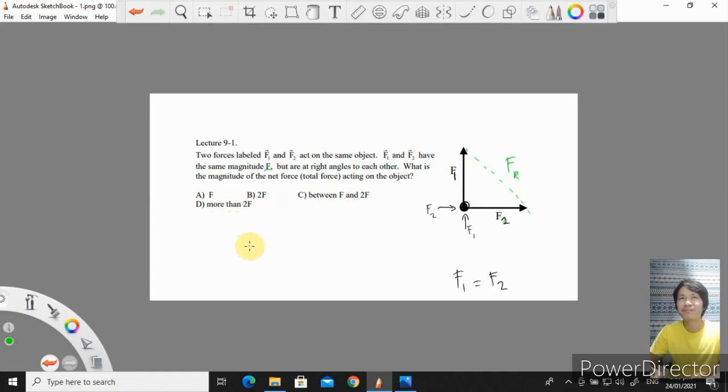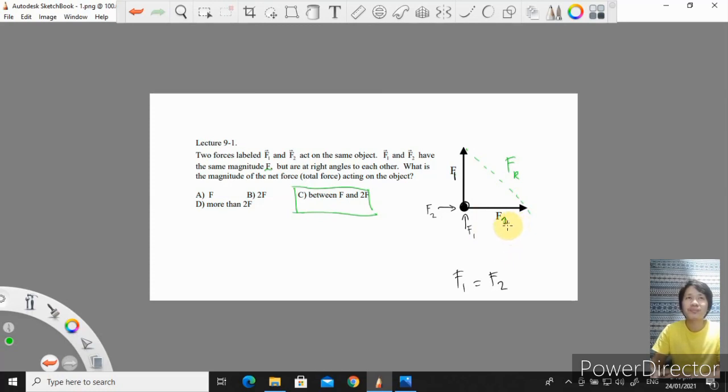Syempre, kapag may free body diagram kang ganito, madali mo nang malalaman that the answer is letter C. Yeah. C, ano lang naman yan, Pythagorean yan, di ba? Nung sa discussion natin nung first quarter. So, kapag yung dalawang forces are at right angle with each other, mag-form yun ng right triangle. So, kunin mo lang yung hypotenuse noon. Yun na yung resultant ng dalawang forces or resultant vector. Okay?